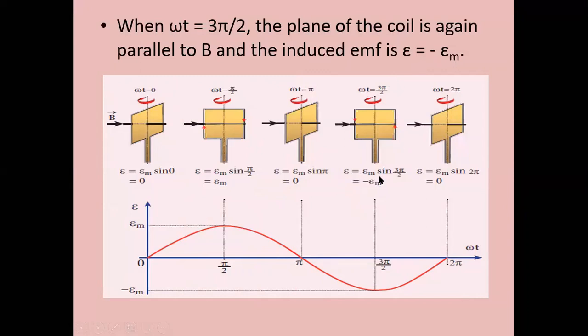Epsilon is equal to epsilon m sin 3π/2. Sin 270 is minus 1. So epsilon is equal to minus epsilon m. So we are drawing the graph in the negative direction. It has a negative peak value at ωt equal to 3π/2.